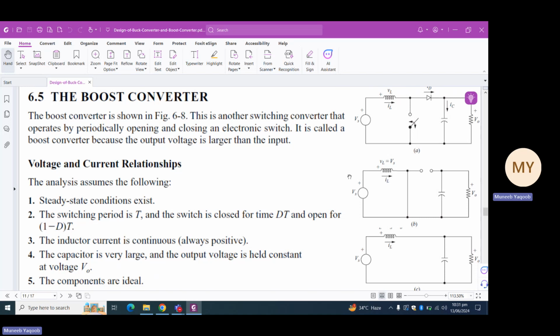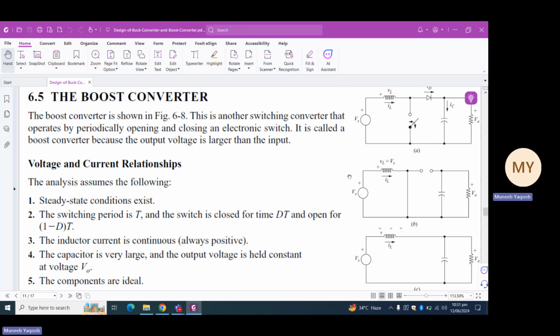Now if we apply KVL on the left loop, we can write minus Vs plus VL equals 0. And hence we can say that VL equals Vs when the switch is closed.